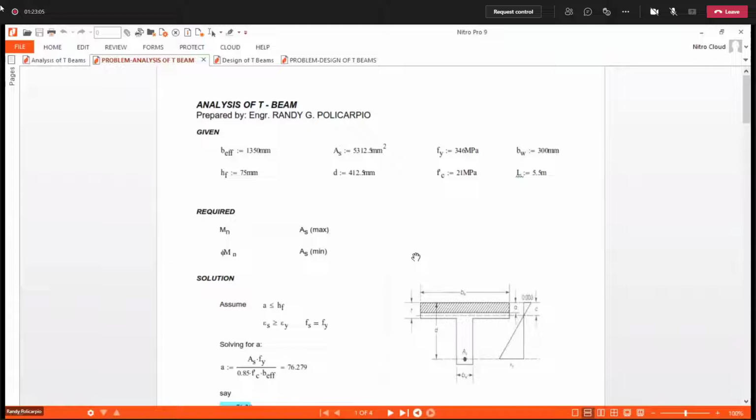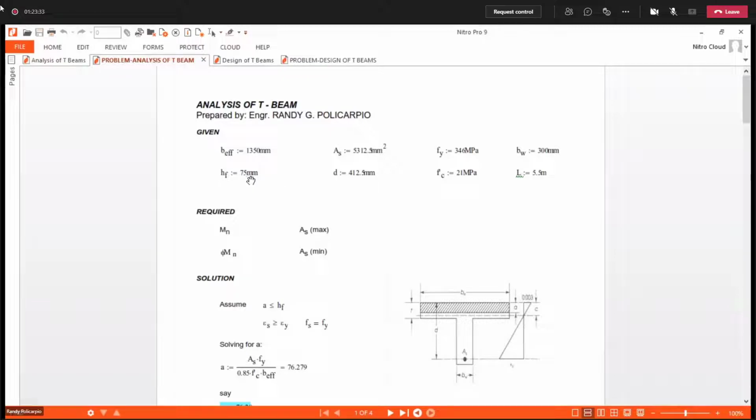No? So ito yon. Pag-analysis ka natin, the B effective is already given. It's already given in the problem. So what we're going to do is determine its adequacy or capacity. So kaya i-determine natin yung nominal at yung ating design moment strength.